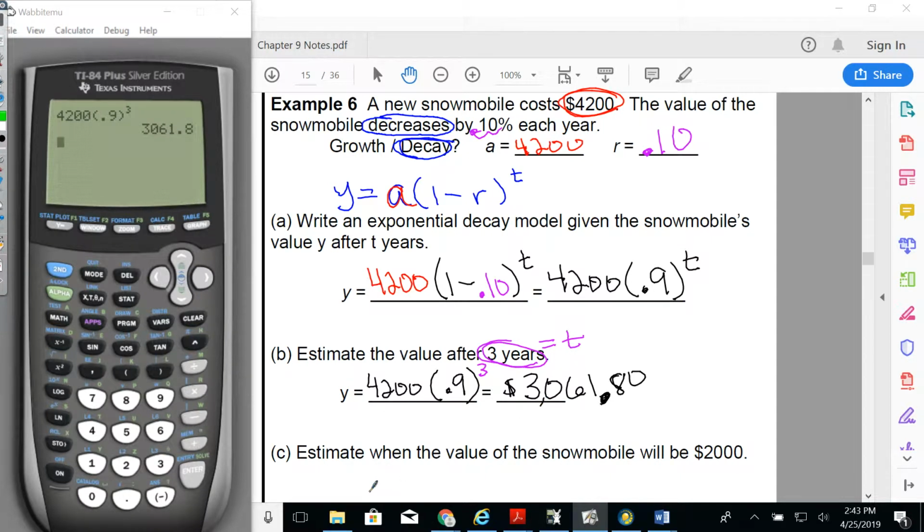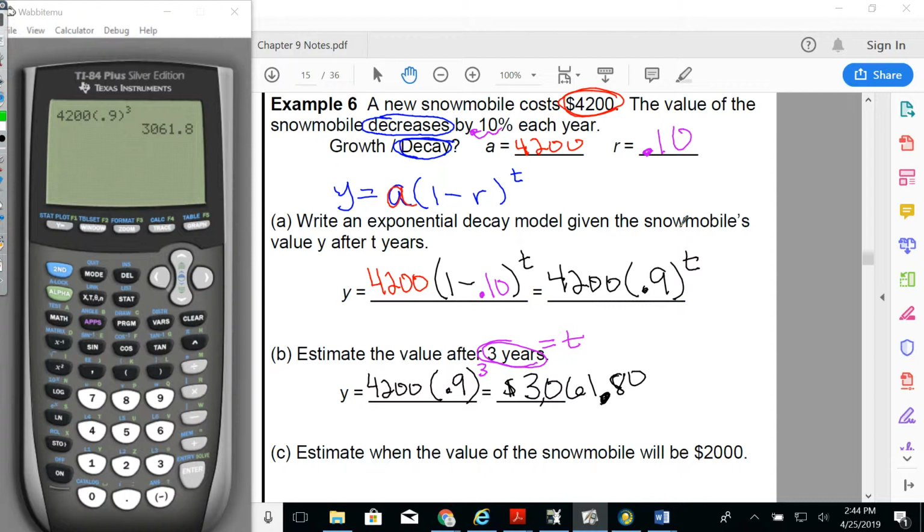The comma would go here. Again, if you want to round this to the nearest dollar, that's fine. If you just say $3,062, that's okay, because if you were going to post this and sell it, that's probably what you would round it to. Maybe even just $3,060. But here we have the calculator, so we're going to be as exact as possible.